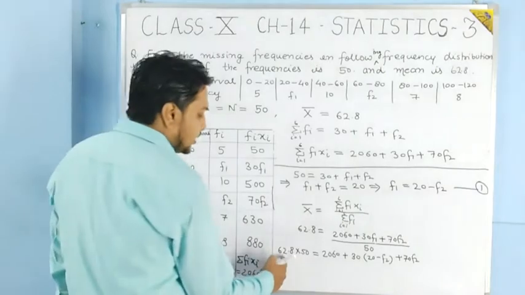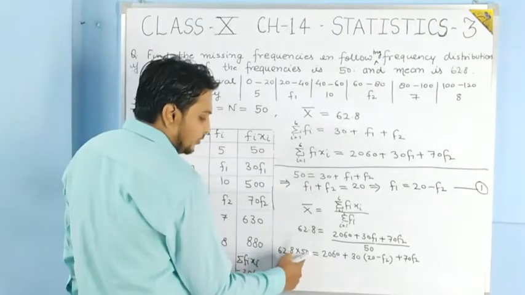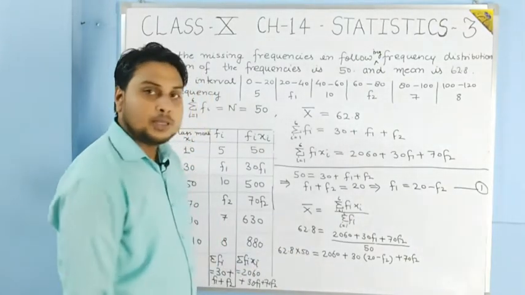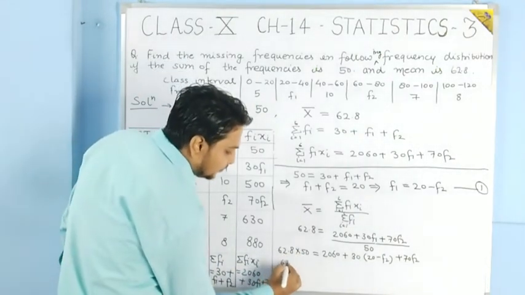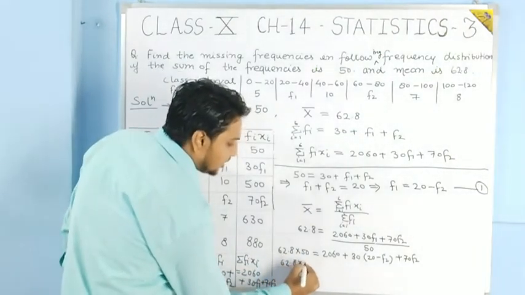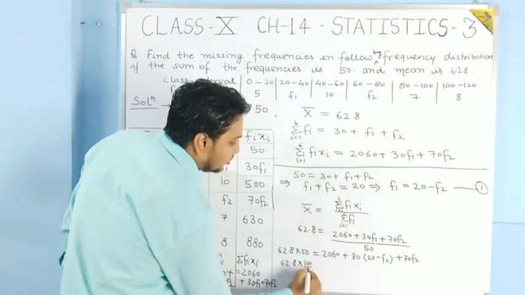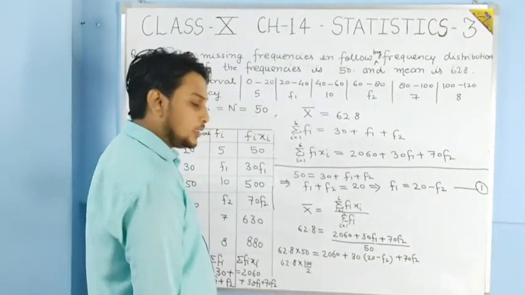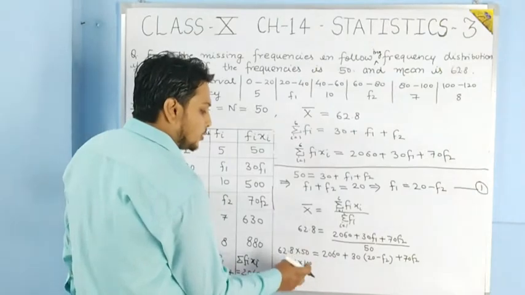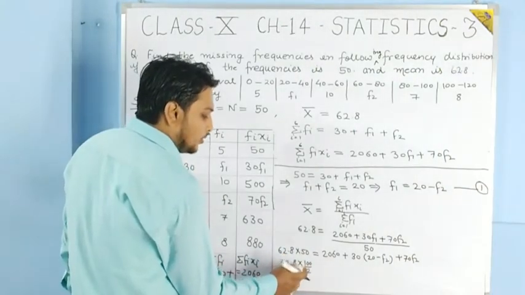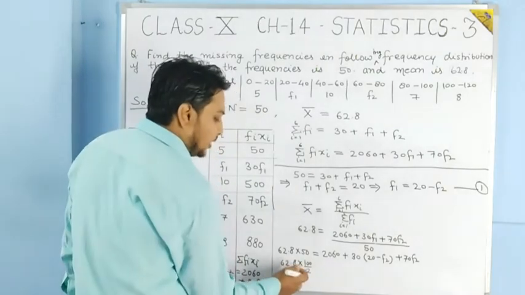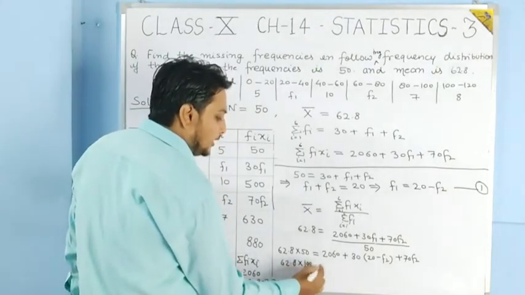So students, see how simply we can solve. At the place of 50, we can write 100 by 2. Why am I writing it as 100 by 2? So that we can multiply this 100, the decimal will be shifted, and then we will cancel it by 2 easily.